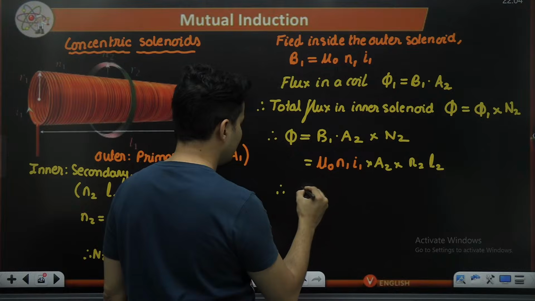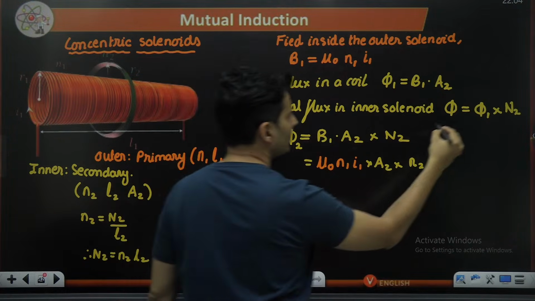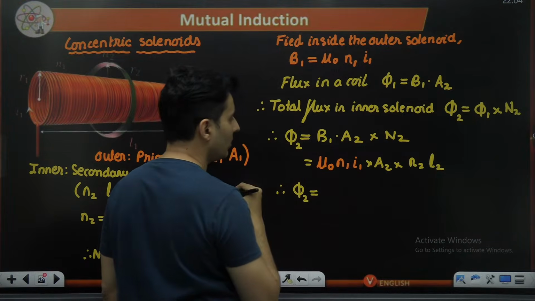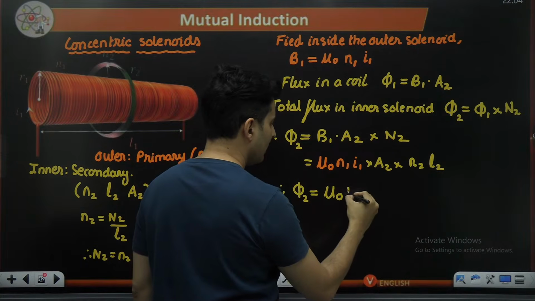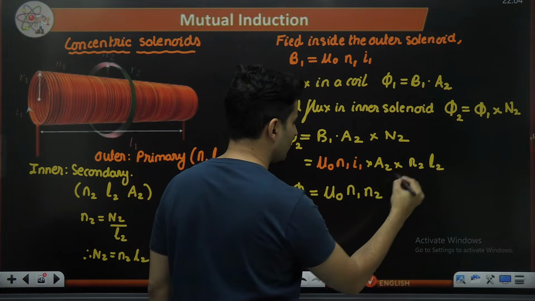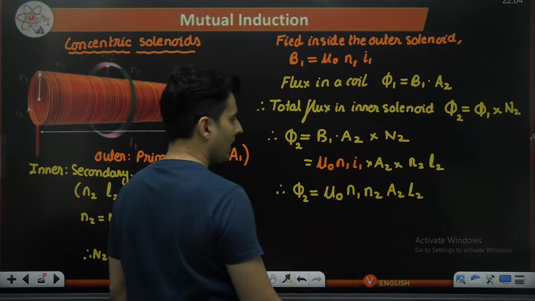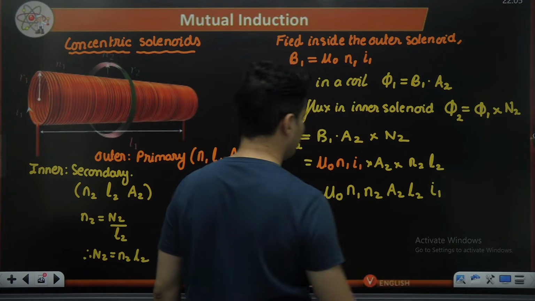So let's rearrange this flux, which is there in the secondary. Flux in the secondary coil will be mu naught, n1 is also there, n2 is also there, area is also there, length is also there, and just one single current is left out.